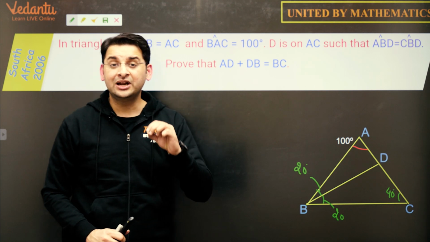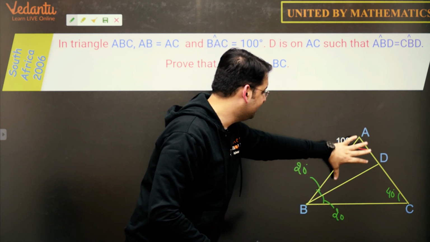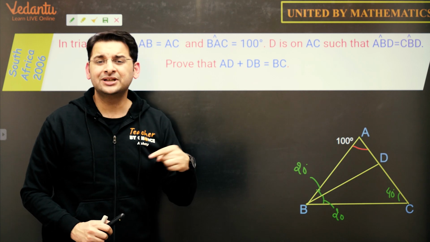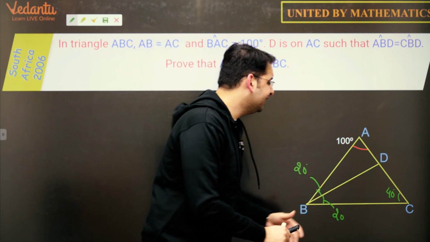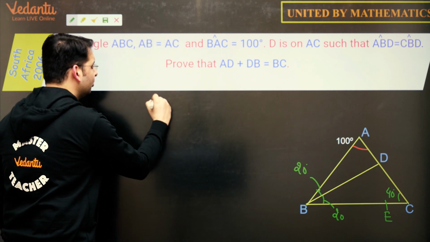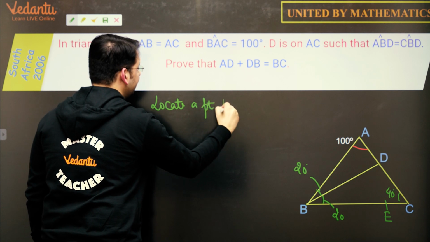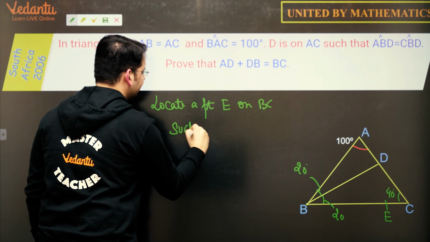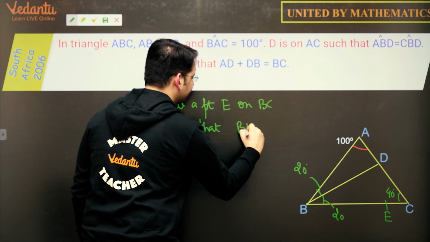If we are doing this by geometry, the aim is BC is equal to AD plus DB. This is what we have to find. One of the most important ways that we normally do this question is we locate a point E on BC such that BE is equal to BD.